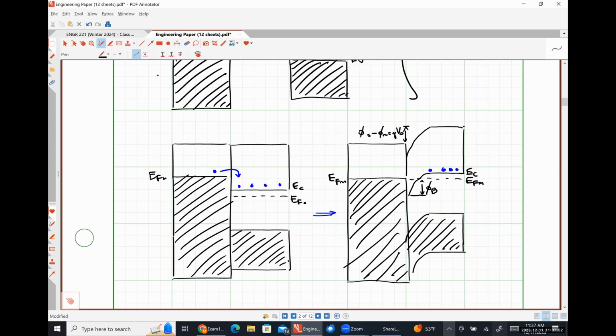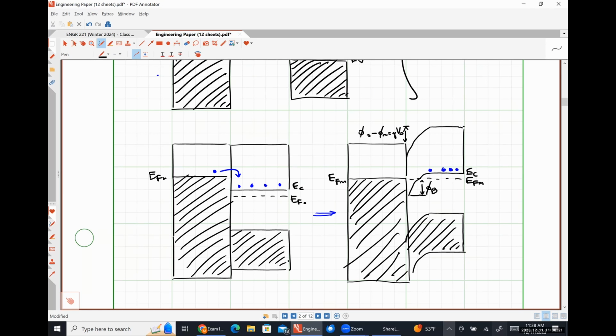Right? So if we were to bias this thing, under forward bias conditions, excess electrons in the semiconductor can easily flow back into the metal because we're just raising this potential up. So it makes the electrons over here in the semiconductor more likely to move into the metal because they see significantly lower energy states over here.